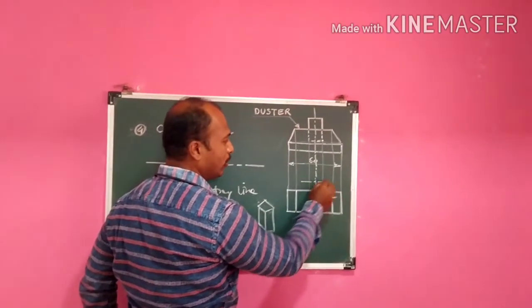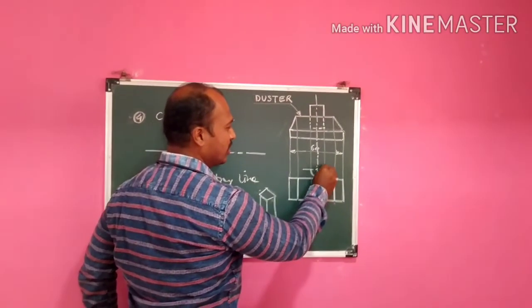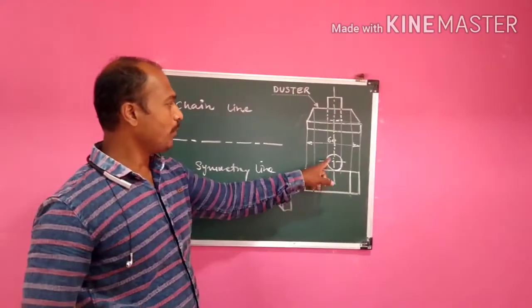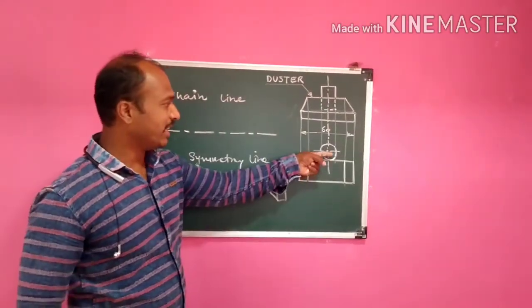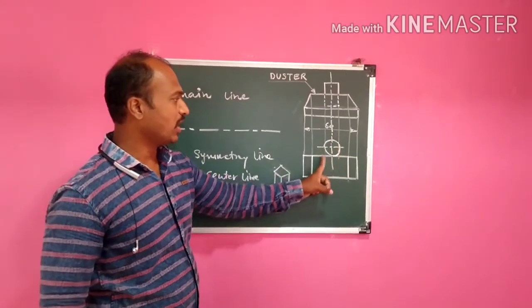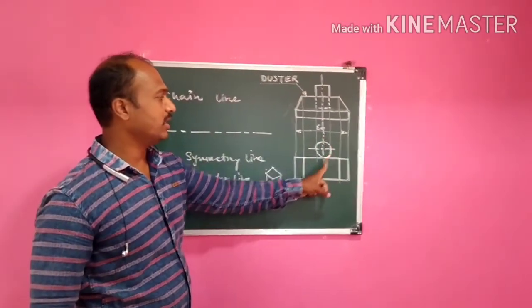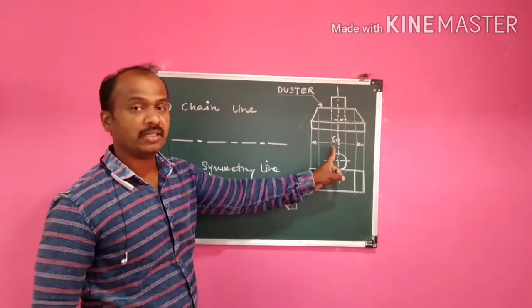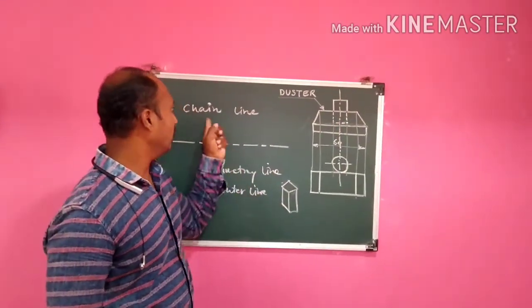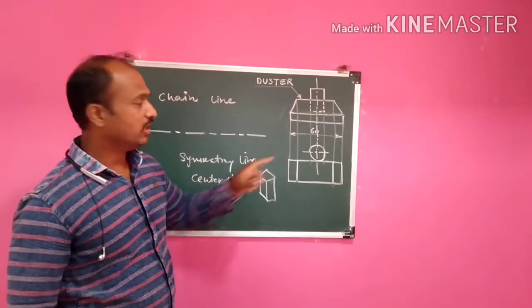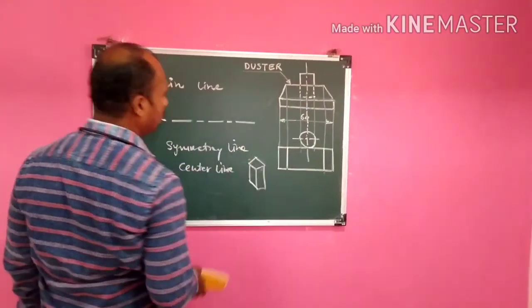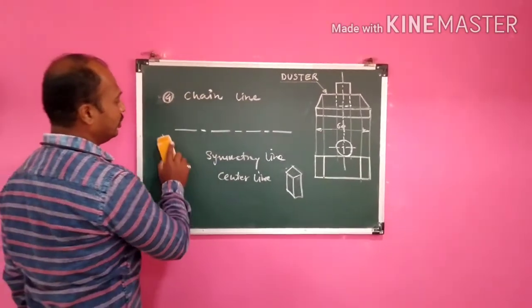Draw the center line here because we are going to draw a circle here. To denote the center line of the circle and show the symmetry of the object, what do we use? We are going to use the chain line. So this is a circle for this chalk. Okay, so this is called a chain line.